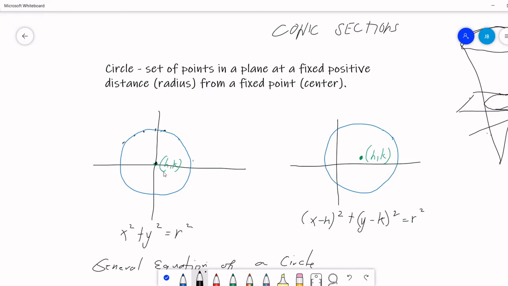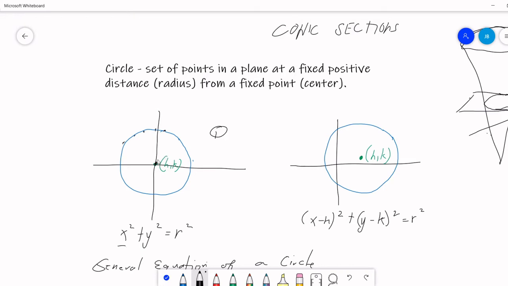We can see here that the center is at 0, 0. Sorry, the center here is at the x and y axis at 0, 0. While here, the center is not defined. That is why in figure 1, we have the formula x squared plus y squared is equal to r squared.